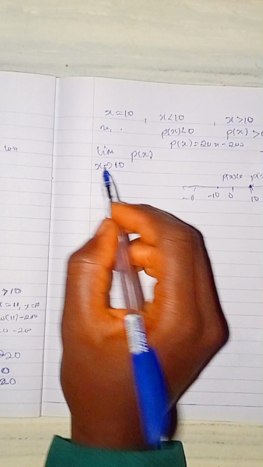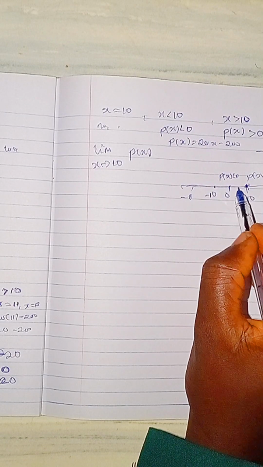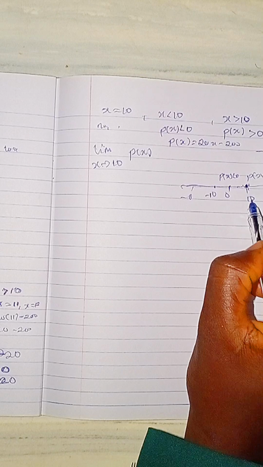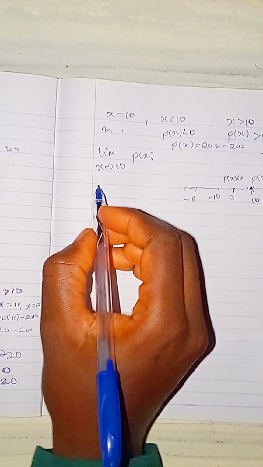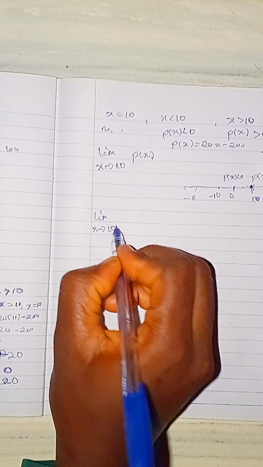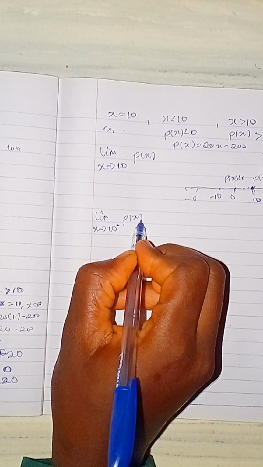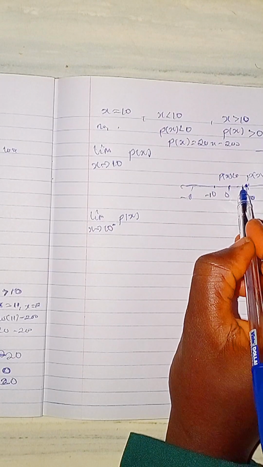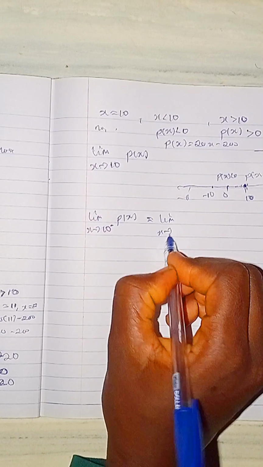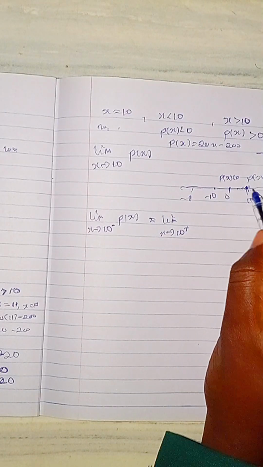So the limit as x is approaching, when x is getting close to this point 10, what happens? The limit as x approaches 10 from this side, the left, is compared with the limit as x approaches 10 from the positive side.